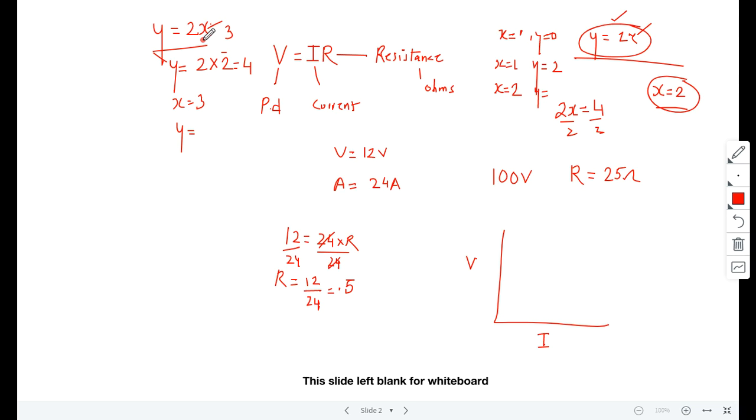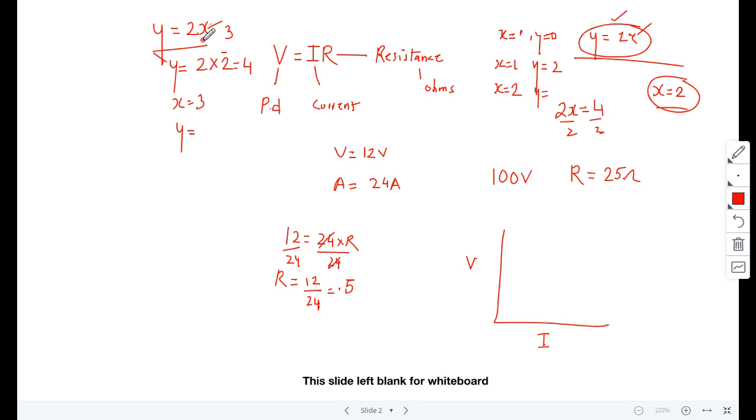Tell me if you have any doubt. So x would equal 3. So then y would equal 6, because you said you had to replace the x with 3 and 2 times 3 is 6. Yes. Is it clear?